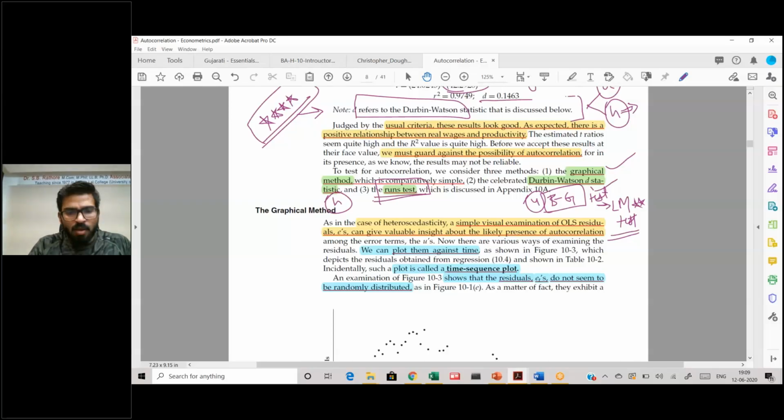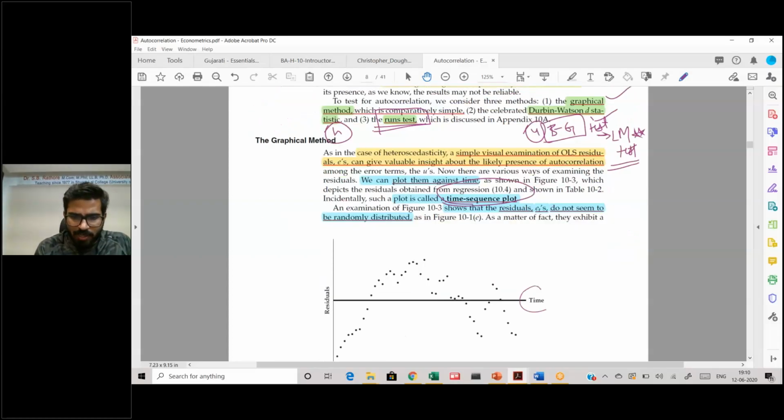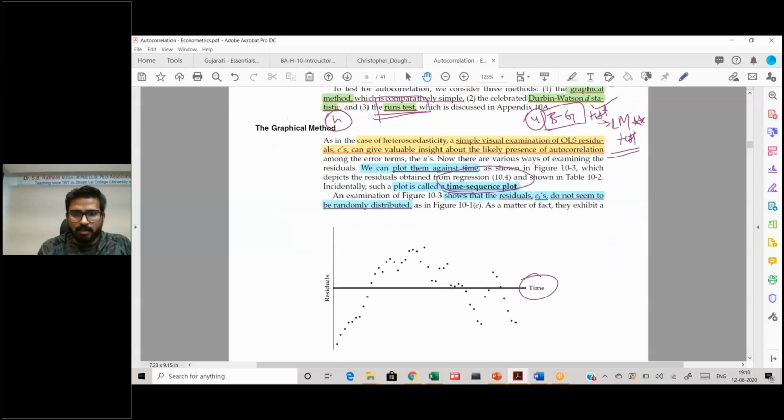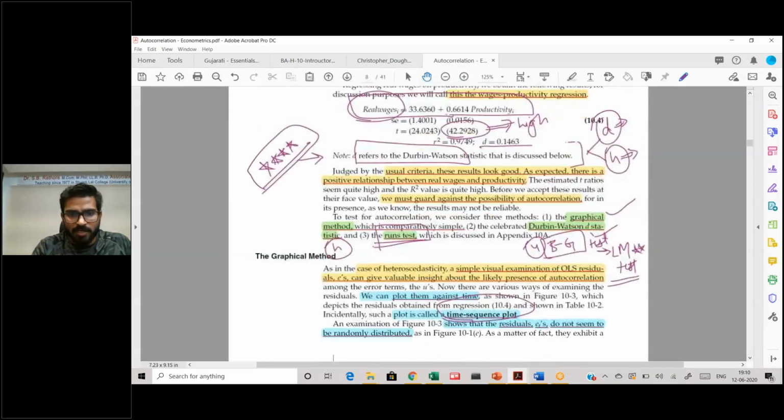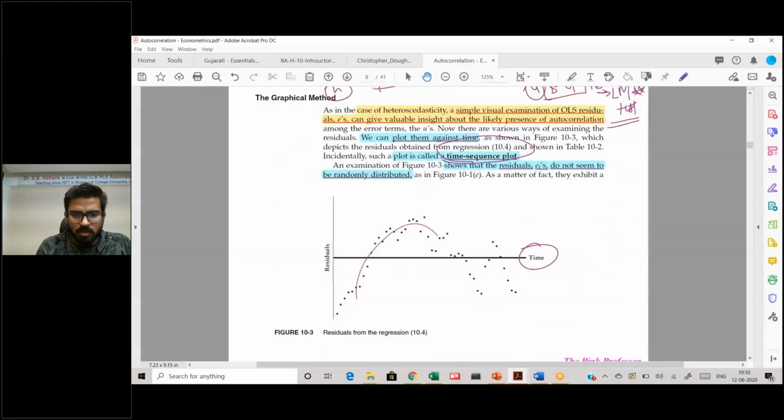Now, remember the graphical method that we had used in heteroscedasticity. I told you that is called a residual plot. Here, the graphical method in the case of time series data is called a time sequence plot. What you do is you plot the errors against time. In this particular example, can you see there is a relationship here?